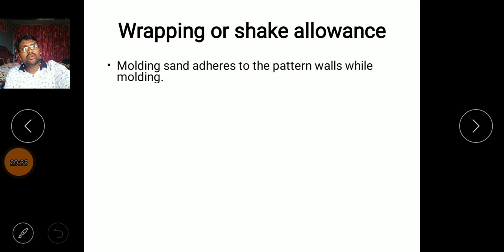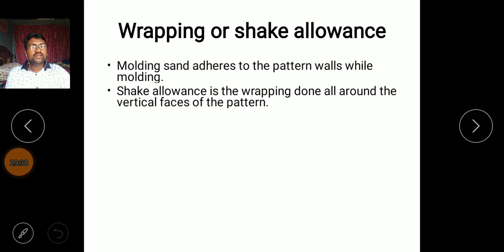Next, wrapping or shake allowances. Molding sand adheres to the pattern wall while molding. As already discussed, the molding sand will stick to the pattern, and at the time of removing, the mold will be damaged. In that case, we use wrapping or shaking. Wrapping is nothing but, at the time of molding, first we wrap the pattern. Shake allowance is the wrapping done all around the vertical faces of the pattern.